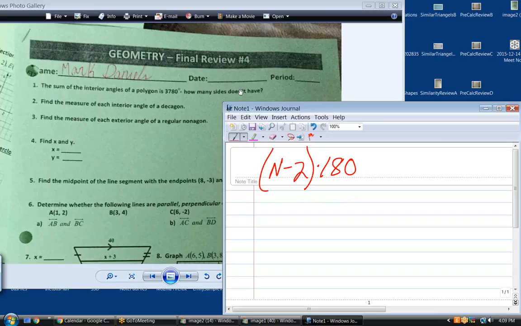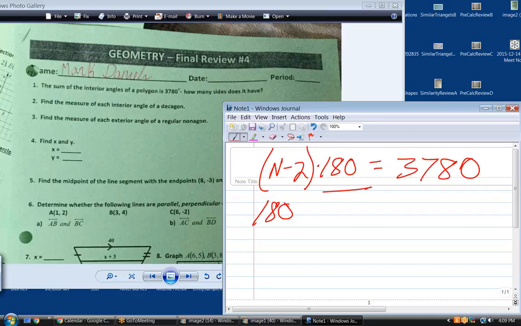In other words, we have to solve for n. So in order to solve for n, I need an equation with n in it. So n minus 2 times 180 equals 3780. And then just solve for n. Okay, and you distribute the 180.